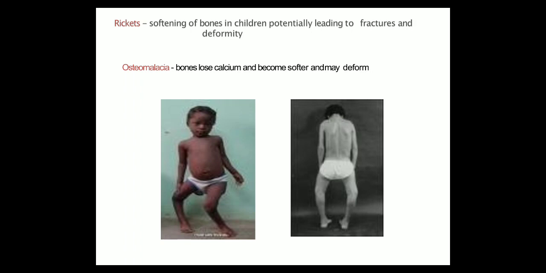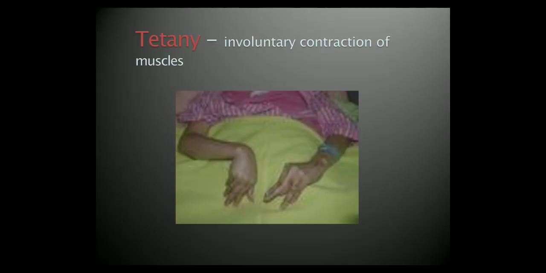Rickets, softening of bones in children, potentially leading to fractures and deformity. And osteomalacia, bones lose calcium and become softer and may deform. These both conditions are shown in the figures. Tetany, involuntary contraction of muscle. It is completely involuntary.